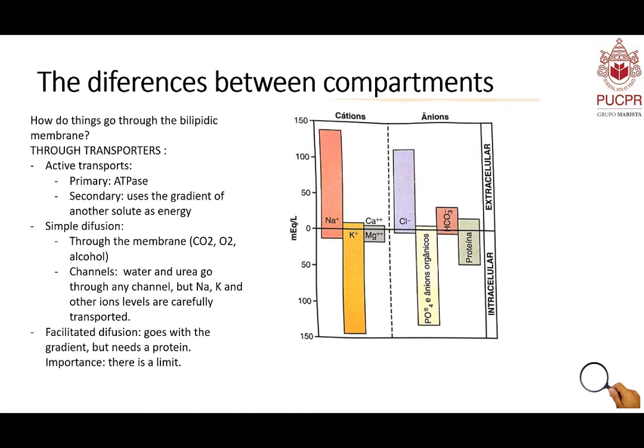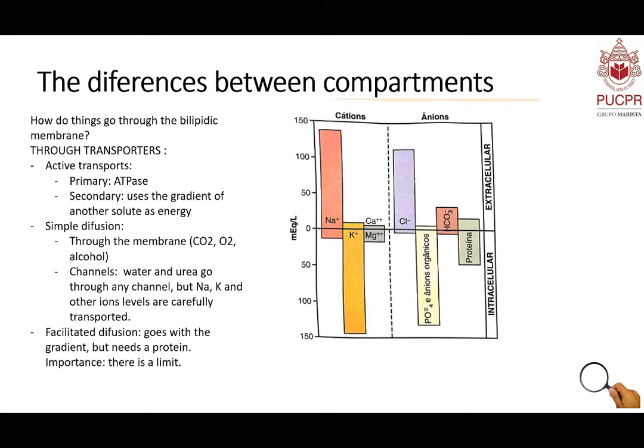Okay? So now we understand active transportation, we understand simple diffusion, and we understand the substances that go through channels with simple diffusion, but not freely through the membrane. But we have to talk about how sodium and potassium and other ions can go inside the cell, also following their gradient, but not in order to transport another substance.